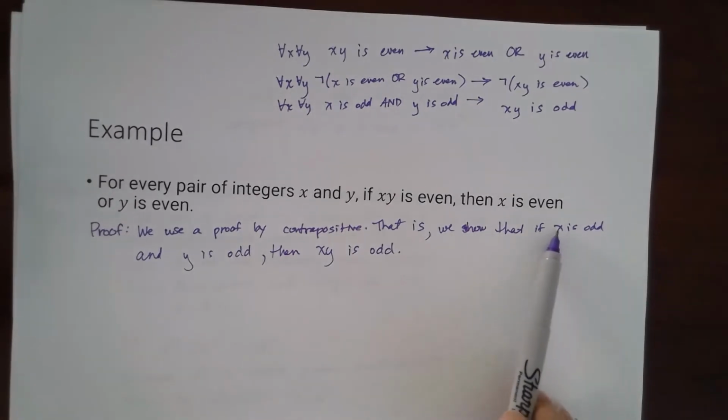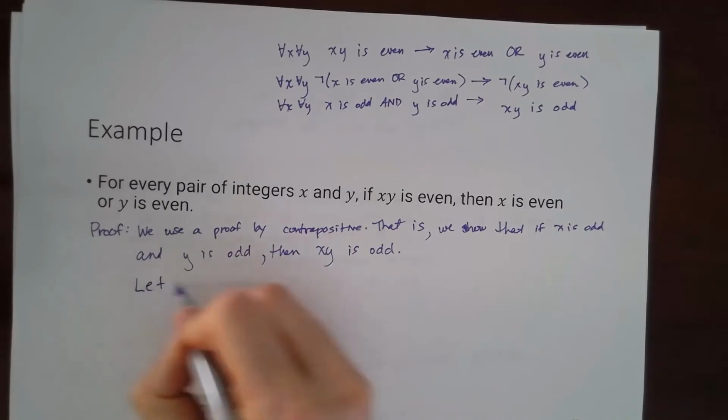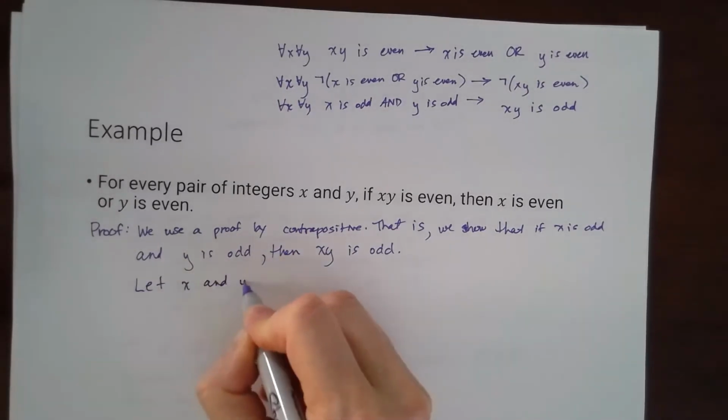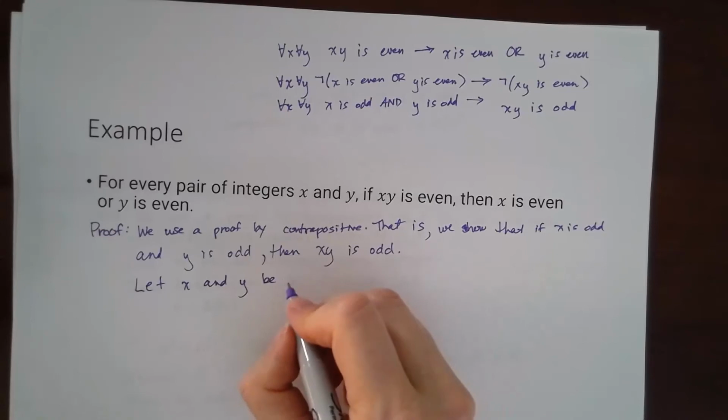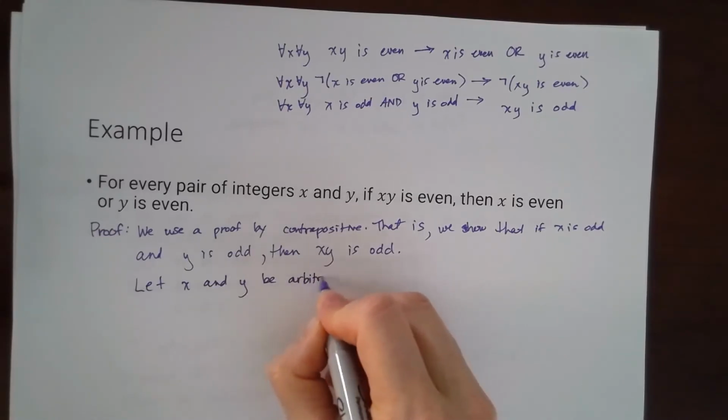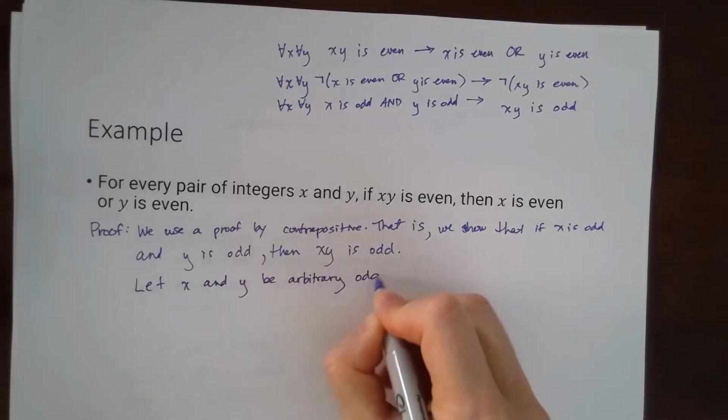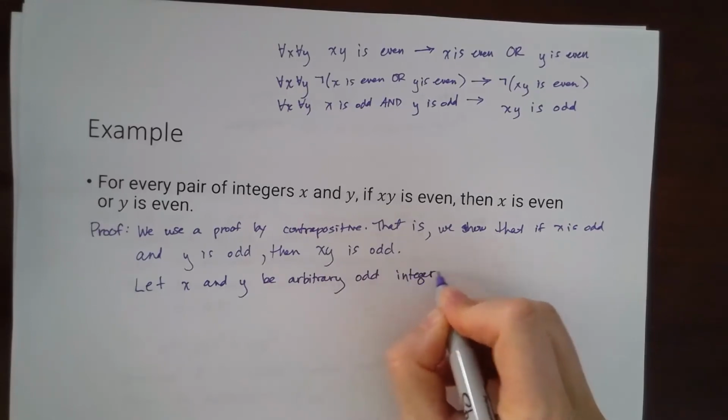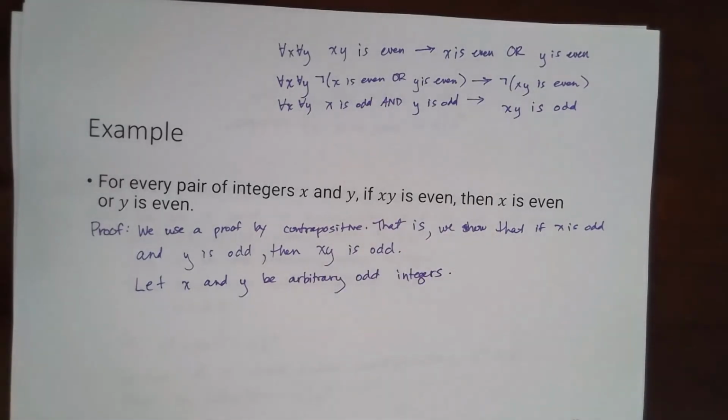Except that this is our hypothesis, that x is odd and y is odd. So we have to say, let x and y be arbitrary odd integers. I've done quite a few of these proofs with even. We haven't done them with odd yet, but it's kind of the same kind of thing.